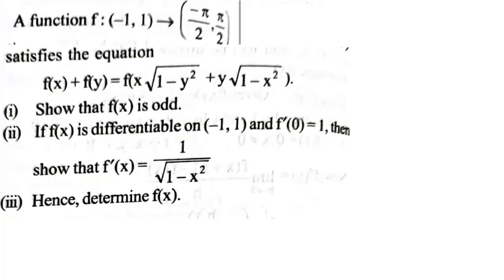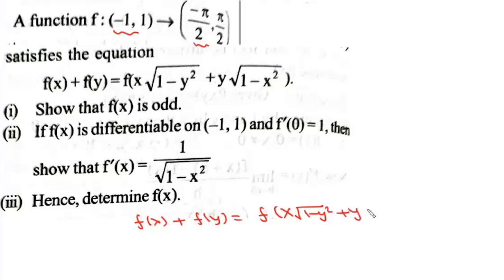Now the question is, a function is defined from -1 to 1 to minus pi by 2 to plus pi by 2. It satisfies this equation, which is f(x) plus f(y) equals f(x) into under root of 1 minus y square plus y into under root of 1 minus x square. Now first is show that f(x) is an odd function.